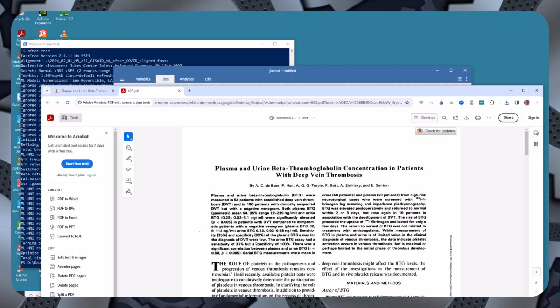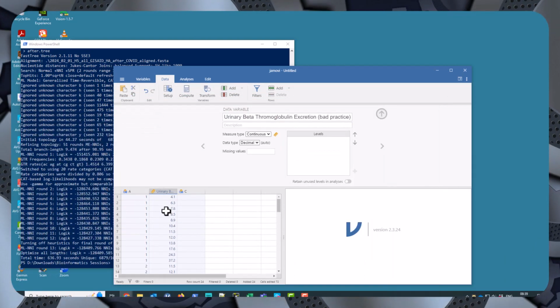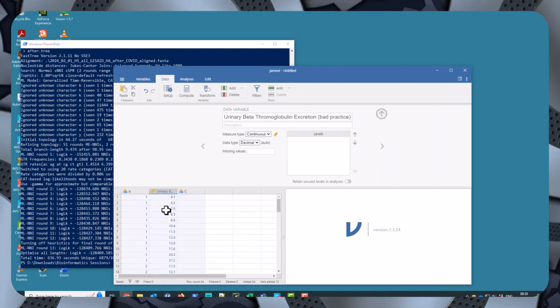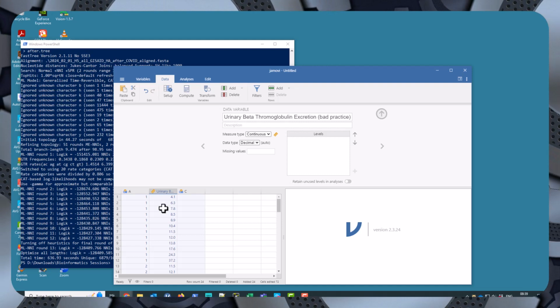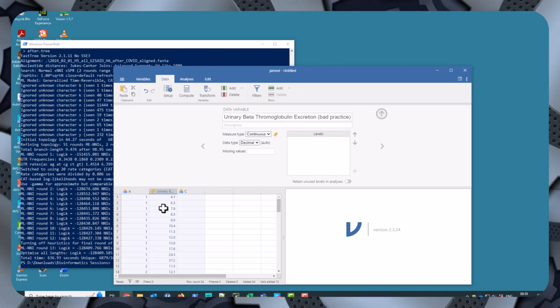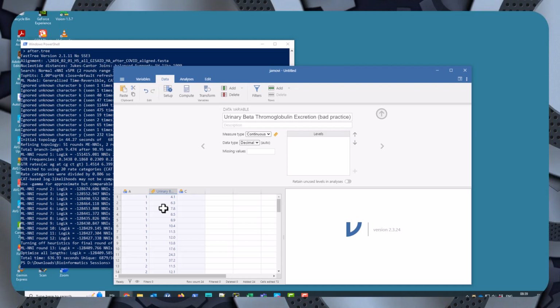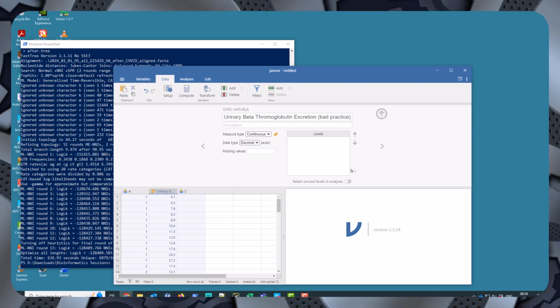Sensitivity this, specificity. Now, bearing in mind these numbers and the size of them, and usually it's between 0.3 and 3.1 nanograms per millilitre.